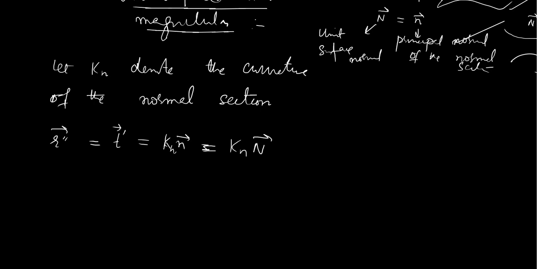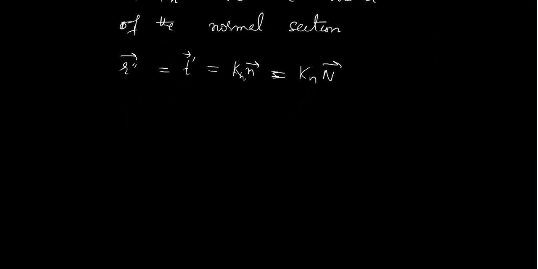If I take the dot product with N on both sides, k sub n is equal to r double dash dot N, because N dot N is 1.